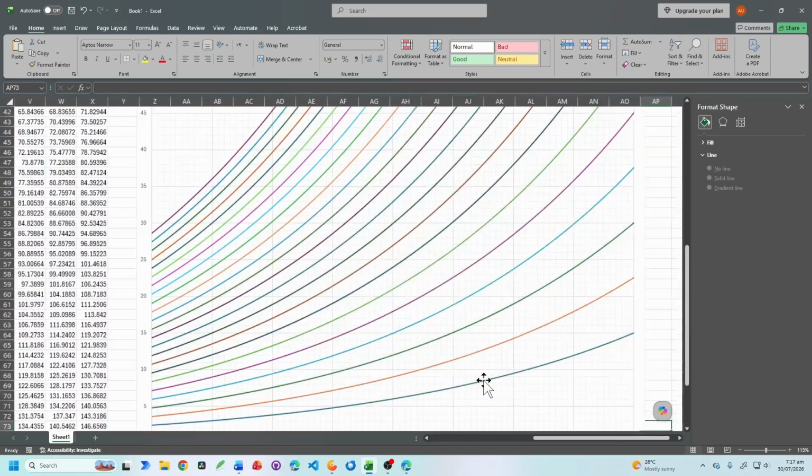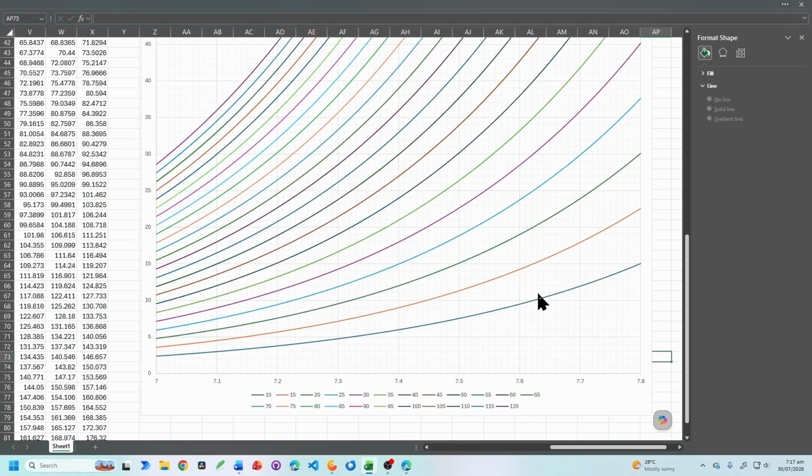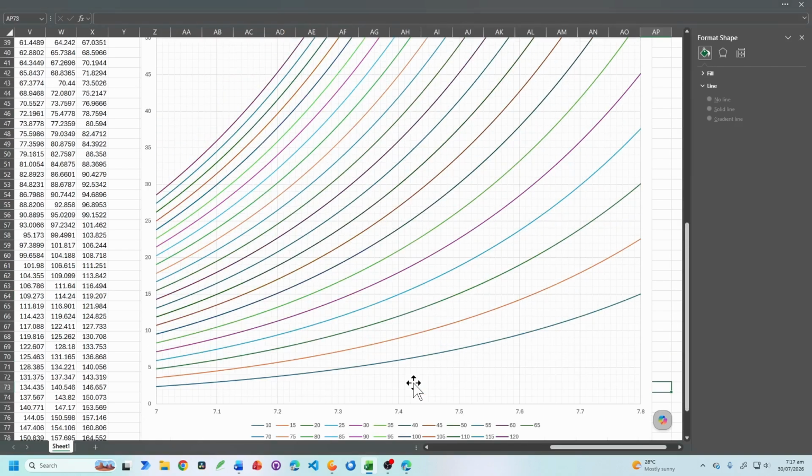Now you see each bar represents, let me make it bigger. So you see each bar represents an isobar of PCO2. So this one is for 10.